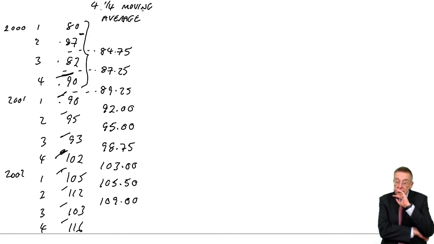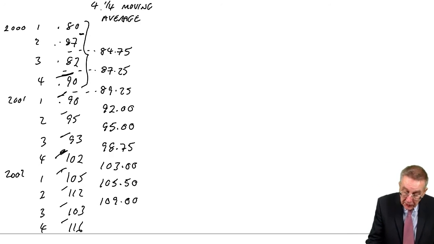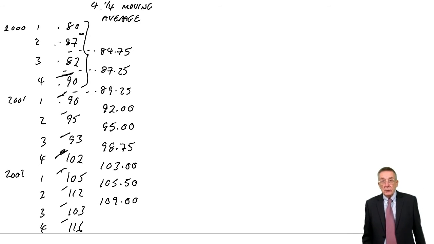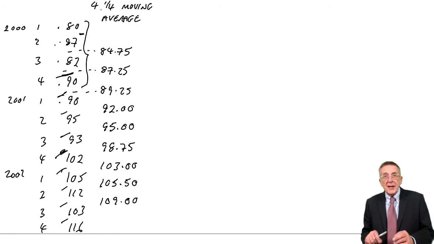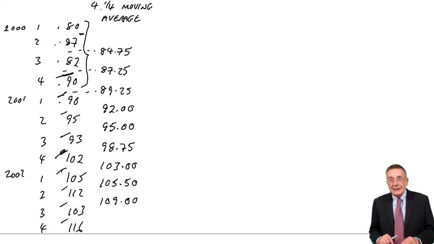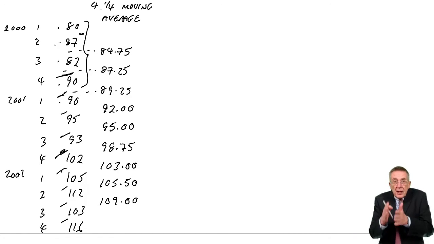However, we are going to need to do one more step because I know what the actual sales were in each quarter, 80, 87, 82. What I'd really like to know is what would the sales be each quarter if there was no seasonality, and then we could compare.